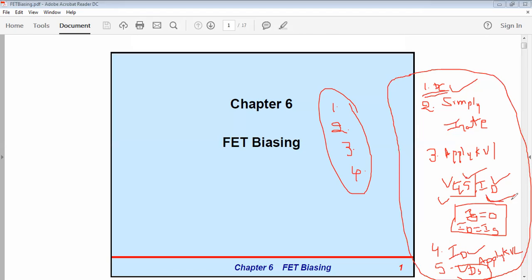If possible, derive the expression for ID in terms of VGS or VGS in terms of ID, right? This expression is substituted in the current equation. The current equation for enhancement mode MOSFET differs from depletion mode MOSFET and JFET, right?